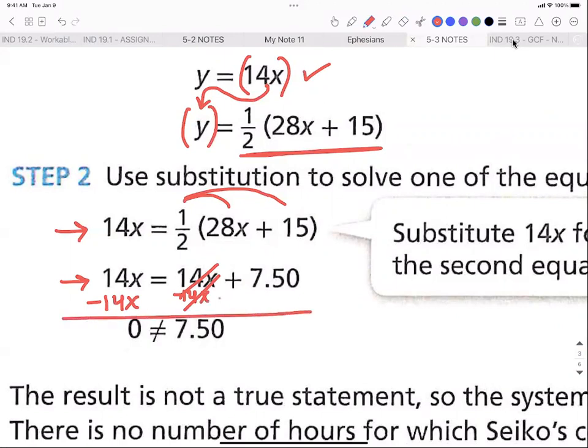When I have 14x minus 14x, those zero out, leaving me 0. And then over here, I'm left with 7.5. Well, all my variables disappeared. Everything zeroed out, and I'm left with 0 equals 7.5. Does 0 equal 7.5? So what kind of solution is this? Is there ever a point where they will cost the same? This is a no solution.